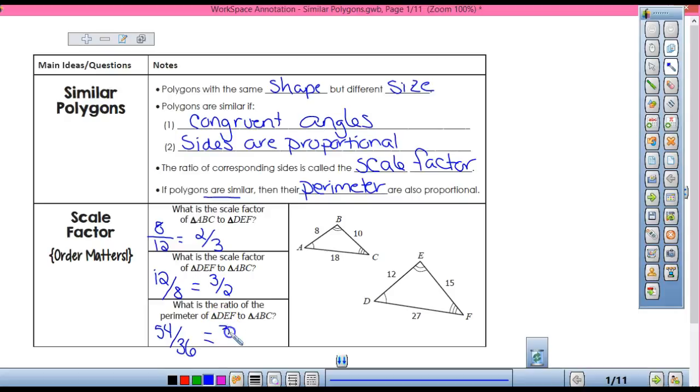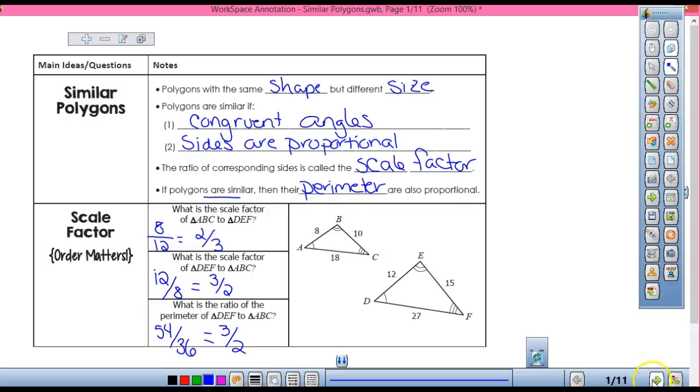Oh, 3 over... If you divided this by 3, you divided it by 18? No. Yeah. So 3/2, yep. Notice how we said that the ratios of the sides is going to be the same as the ratios of the perimeters. So those are going to be the same.